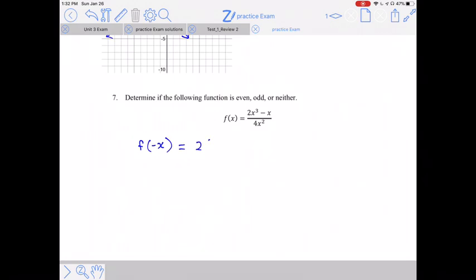So in this case, we'd have 2 times the opposite of x cubed minus the opposite of x, divided by 4 times the opposite of x squared. So looking at the denominator, negative x squared is negative x times negative x.